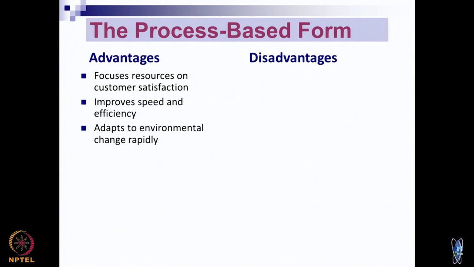But if the organization is operating in the form of different departments, that response may be delayed because of the requirement of interdepartmental communication. Whereas in the process where the focus is on the customer, the probability of responding to the environmental change is much higher. That's why process-based forms are generally found to be good at adapting to environmental change rapidly.